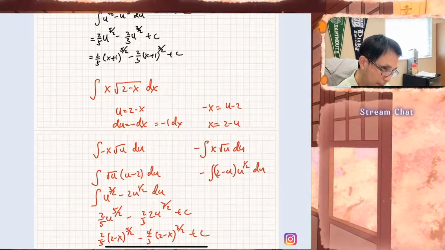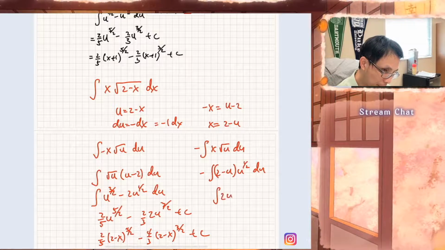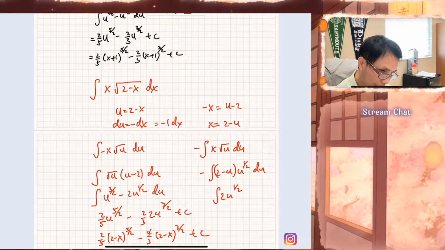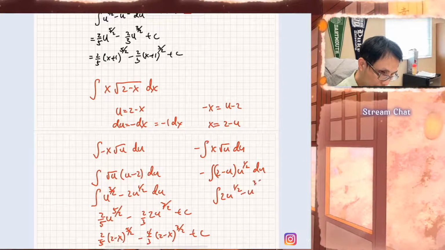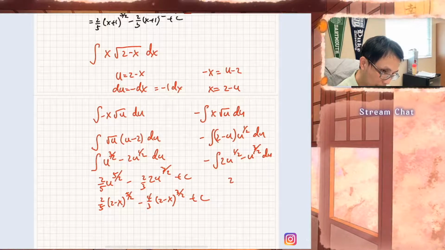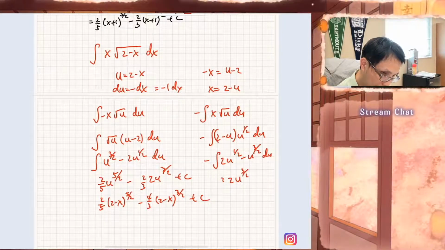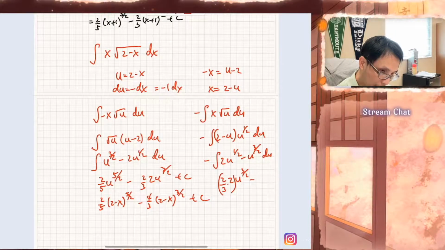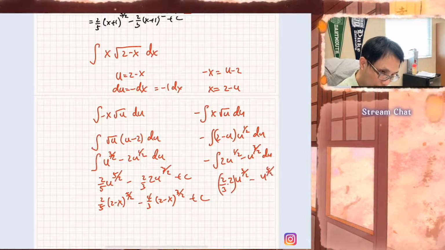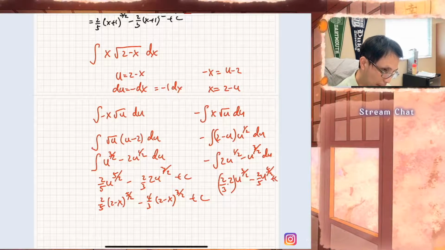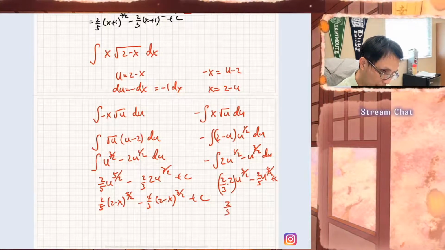Even if I distribute later, it's going to be 2u to the 1/2 minus u to the 3 over 2 du, with the negative sign. This one's going to be 2u to the 3 over 2, times 2 over 3, and minus u to the 5 over 2, times 2 over 5, right? If I distribute, I'm going to get the same thing. This is just going to rotate back.